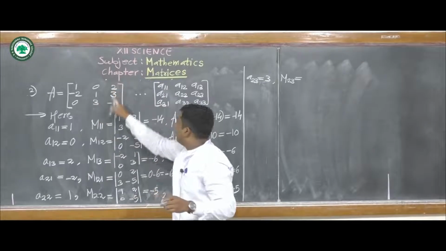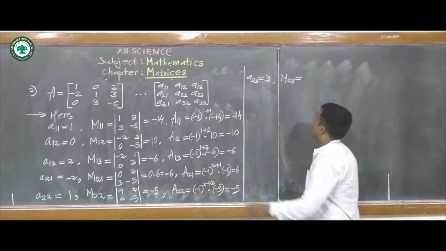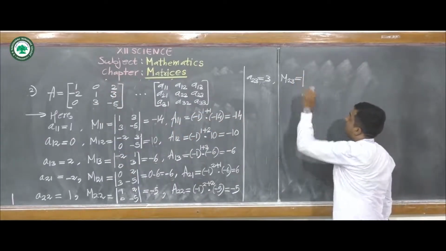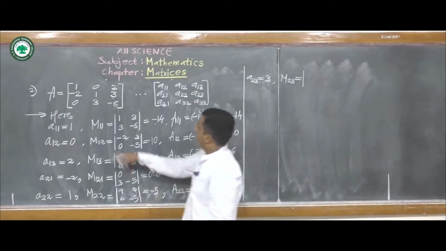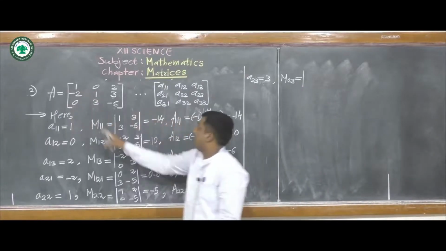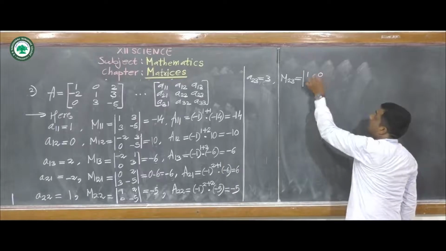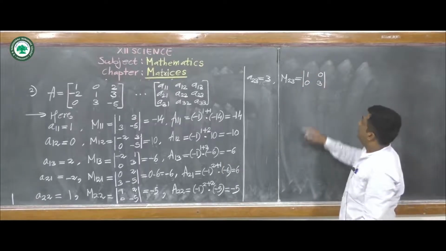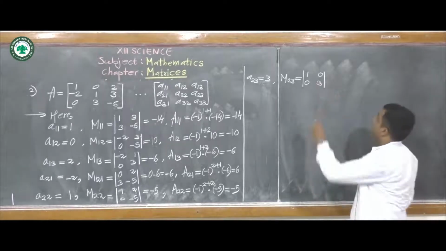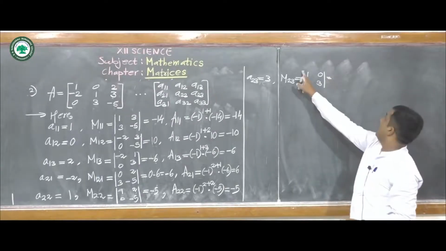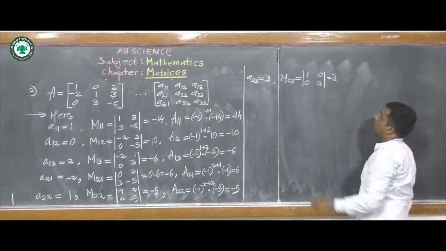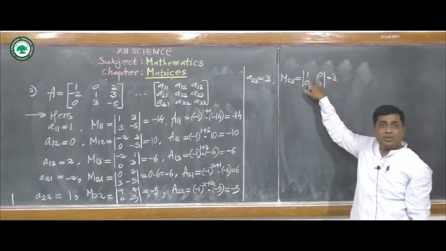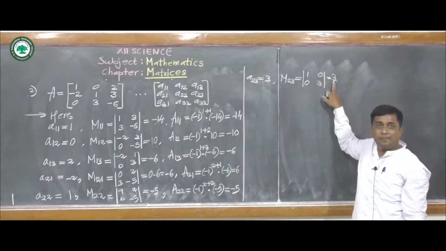Then we delete the second row, last column and consider the remaining elements for the determinant. Here in the determinant we consider 1, 0, 0, 3. This is equal to 1 into 3 is 3, and 3 minus 0 into 0 is 0. So we have only 3.